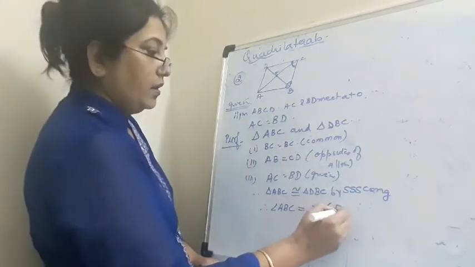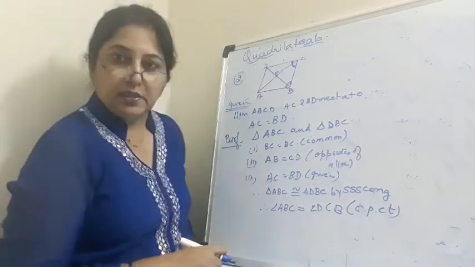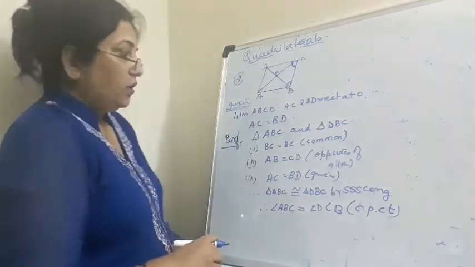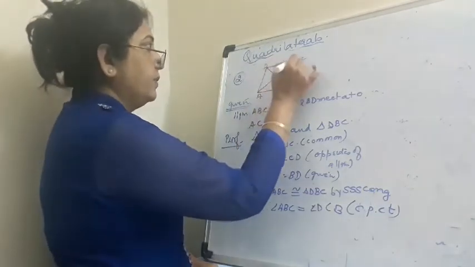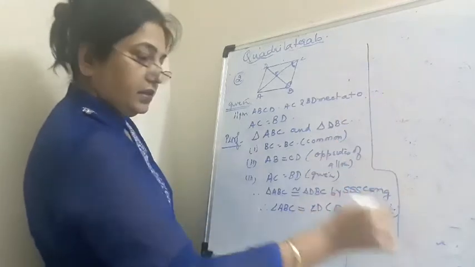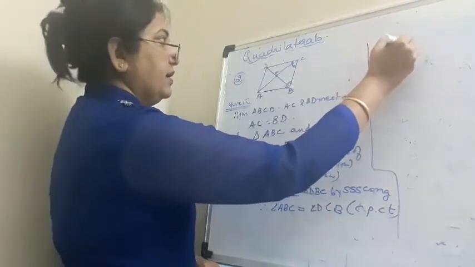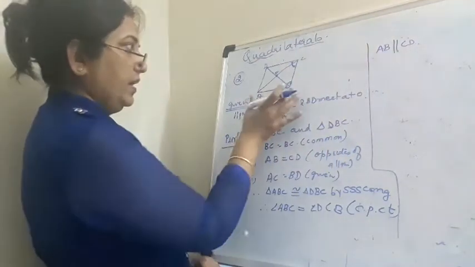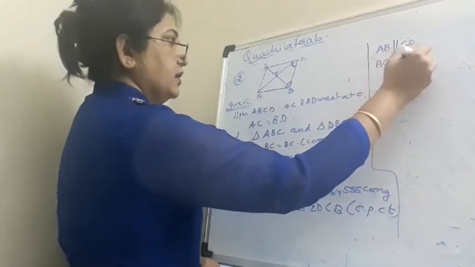Why? Because of the corresponding parts of the congruent triangles, CPCT. Now we also know that these are parallel lines because it is a parallelogram. So we can then write AB is parallel to CD, yes, and BC is the transversal.